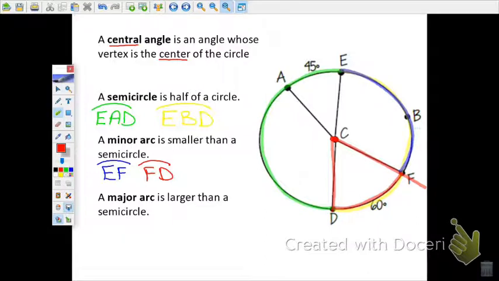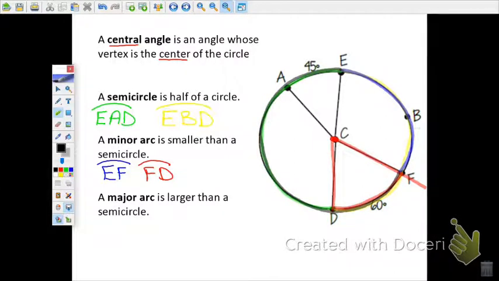Because if I think of my minor arc EF, which was our blue, we can also have a major arc that uses those 2 endpoints, E and F, but it has to go the other way around the circle because it's going to be larger than the semicircle. So to go with EF and be the major arc, it's going the other direction.